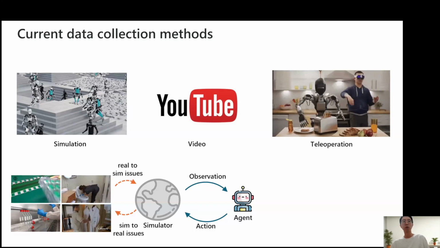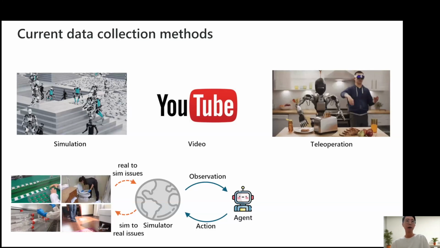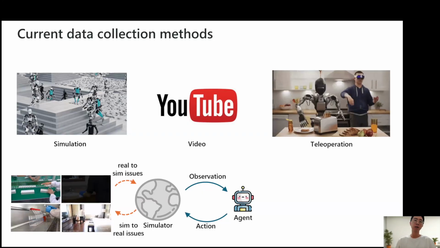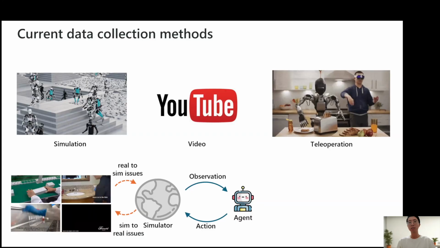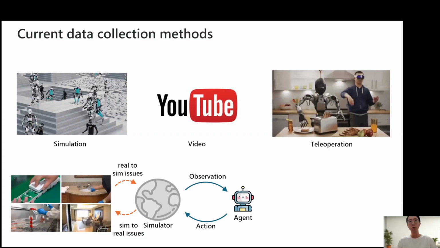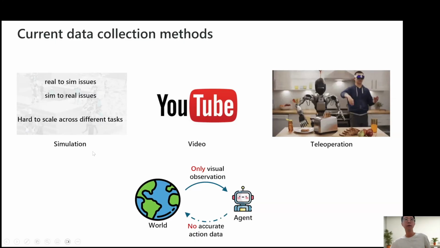For example, we need to do part assembly, we need to do housekeeping, and it's actually pretty painful to transfer all those scenarios into a simulator. And even if we are able to do that, the sim-to-real gap is also large for manipulation. So these two bottlenecks make it hard to scale across different tasks.